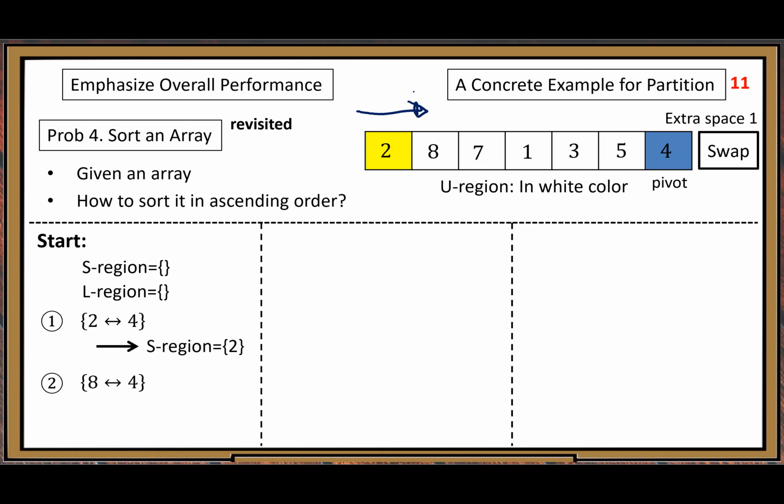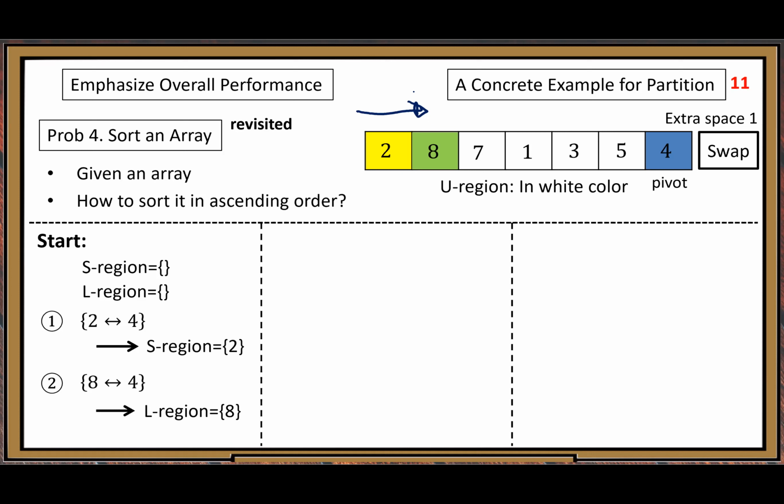It's greater than 4, so we move it to L region. You can see we use 2 different colors to represent these 2 regions. Yellow color for S region and green color for L region. So you can see the U region is shrinking. The other 2 regions are growing.